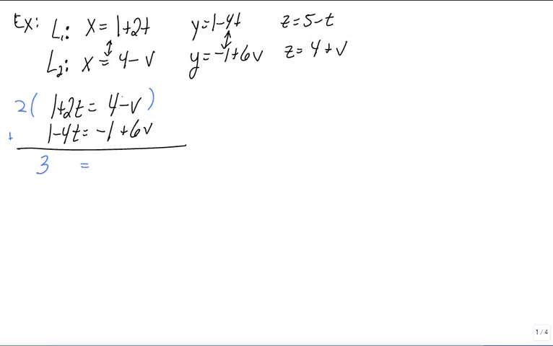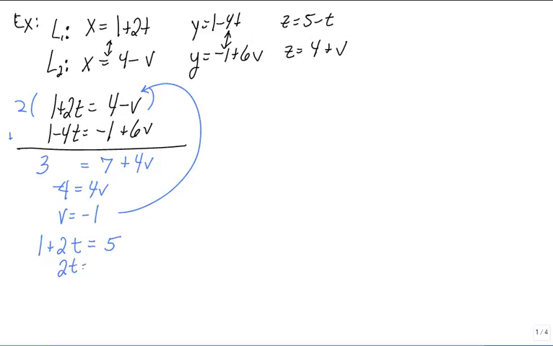This will be 8 minus 1 is 7, minus 2v plus 6v is plus 4v. So minus 1 equals minus 4 equals 4v. So v is negative 1. Substitute that back in here to find my t. 4 minus the negative 1 is 5. So t is 2. So we're going to see if these intersect or are parallel or skew. We take these two equations right here and set them equal.